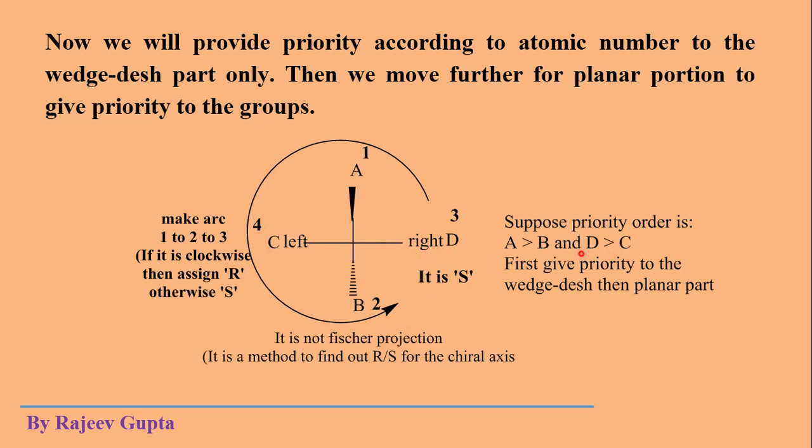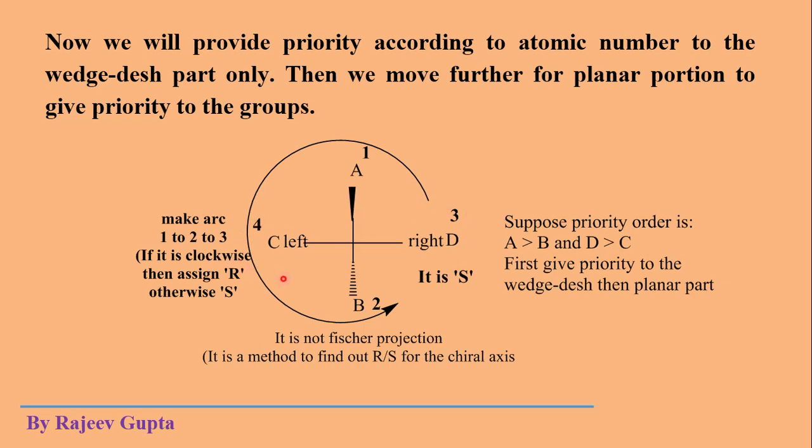Suppose the atomic number of D is higher than C, then we will give it third number and the other fourth number. So first we provide priority order for the wedge dash portion and next for this horizontal portion.